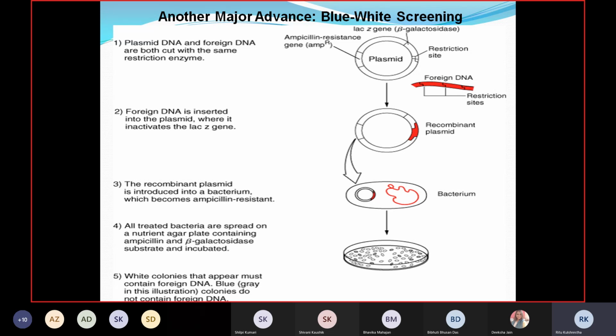They are not brought together by the alpha peptide. So even if I treat this bacteria with X-gal, it will not be able to metabolize it. If it is not able to metabolize it, then we will get only white colored bacterial colonies.